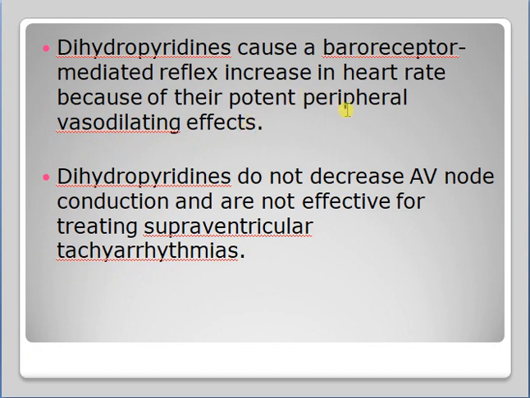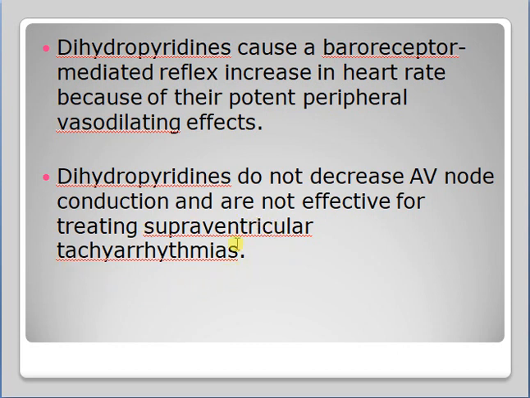Then some points associated with the dihydropyridines. Dihydropyridines have a much greater peripheral vasodilatory effect, and due to that it can produce a baroreceptor mediated reflex mechanism. So it can produce the totally opposite effect, and it can neutralize the effect also. Again, this category of drugs does not have properties for reducing the AV node conduction, and due to that we can't use those drugs for treatment of supraventricular tachyarrhythmia.